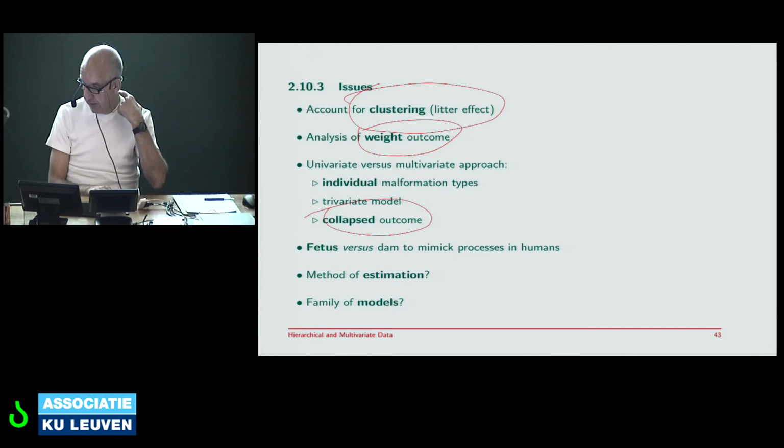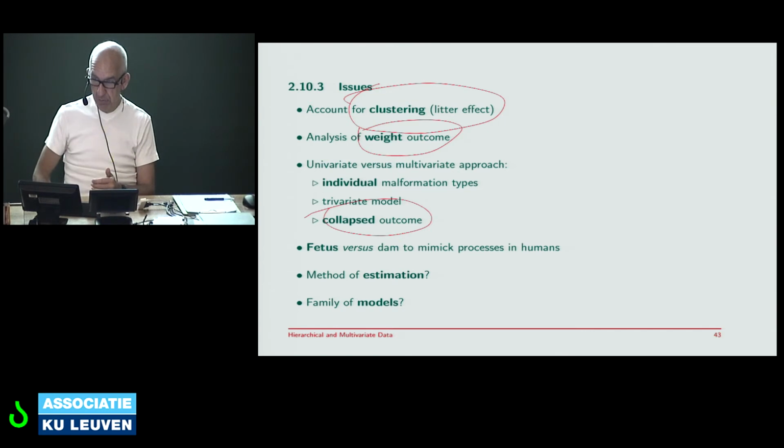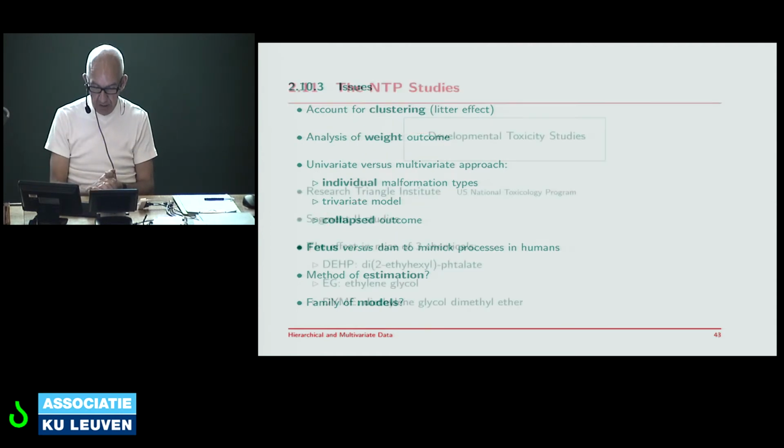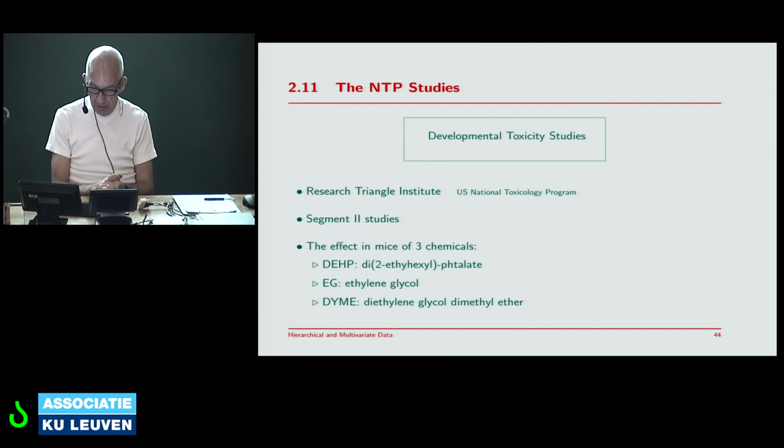Is it the fetus which is of interest, or is it the litter as a whole? We might say the litter as a whole is a model for human pregnancy, but you may also say the mouse or the rat fetus is a model for the human fetus. So that is not entirely clear. What model are we going to use? What estimation families are we going to use, etc.